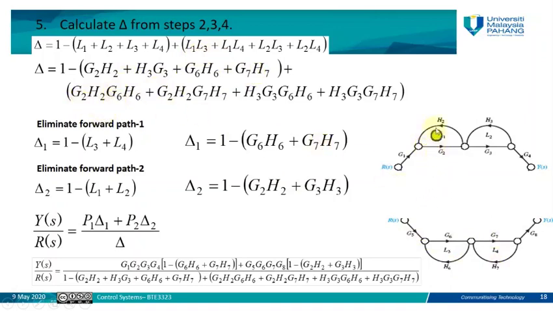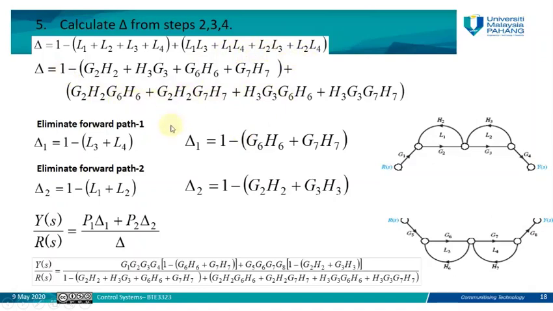L1 is G2 H2 times G6 H6. Then G2 H2 G7 H7, G3 H3 G6 H6, and so on. So we need to substitute for L1 L3, L1 L4, L2 L3, L2 L4. So this is the value of delta now.